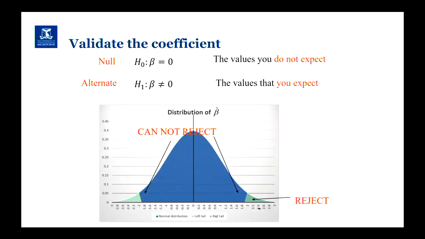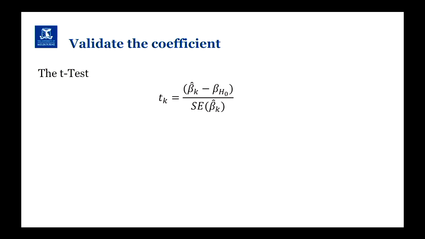And if the t-value is distributed in the green area, then we reject the null hypothesis and accept that the coefficient is statistically significant. So for example, the t-test is calculated this way.